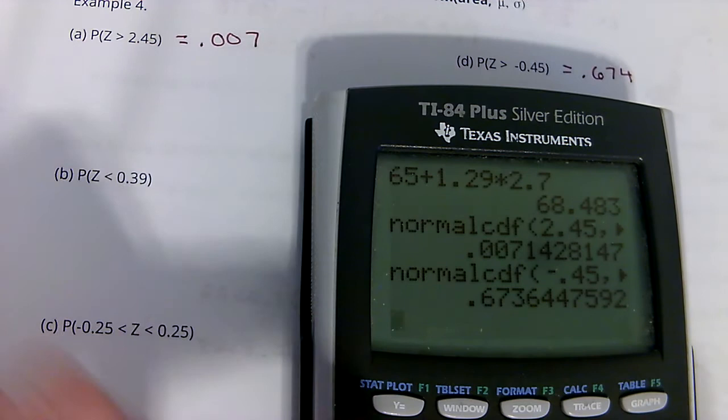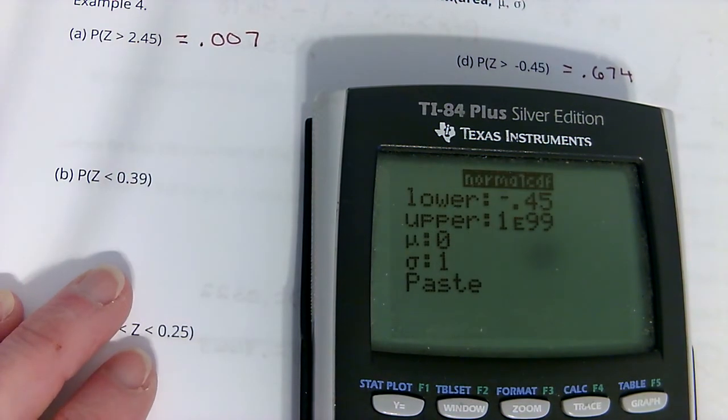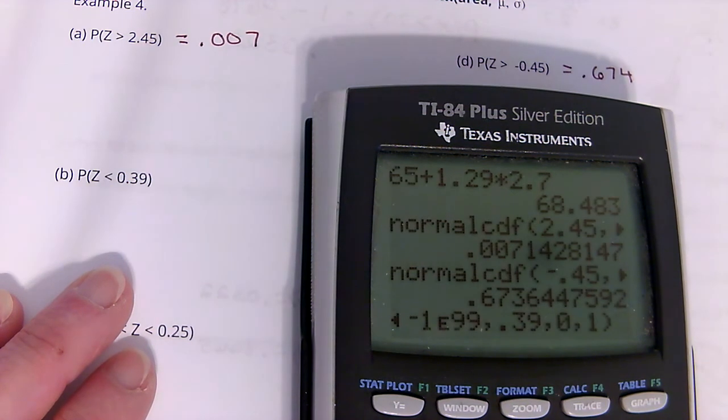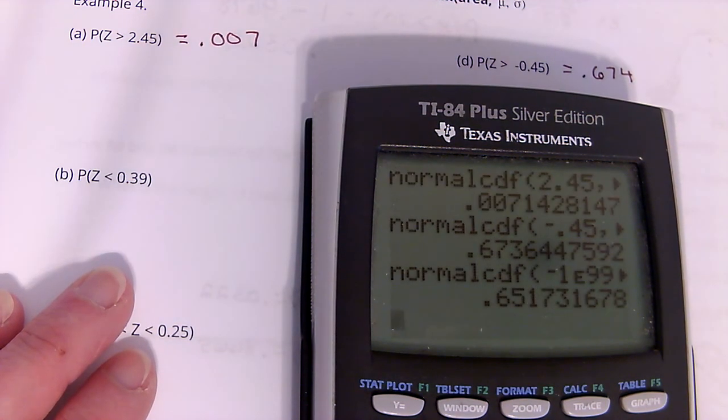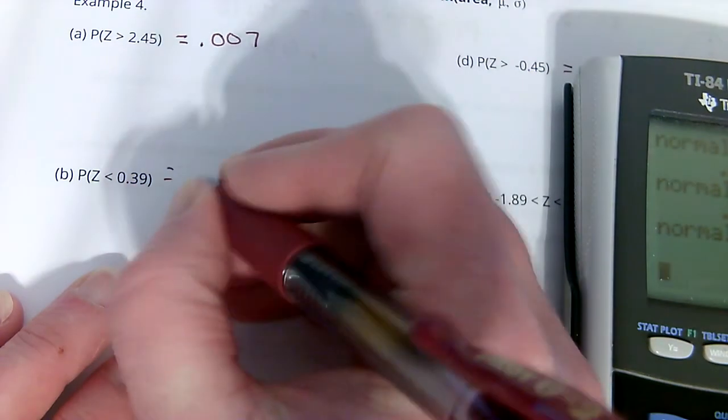Now let's do a less than. Less than, the lower boundary is going to be negative infinity. So negative 1 E99, and the upper boundary is 0.39. We get 0.6517.